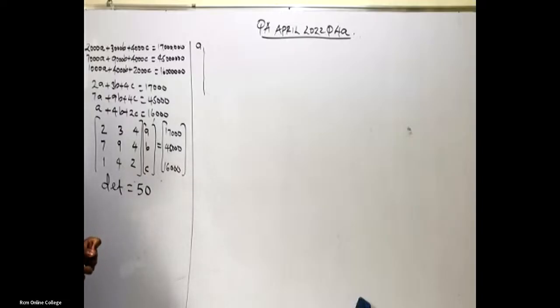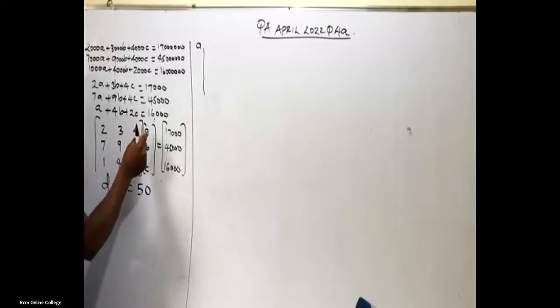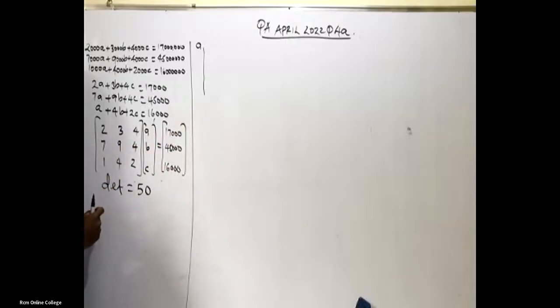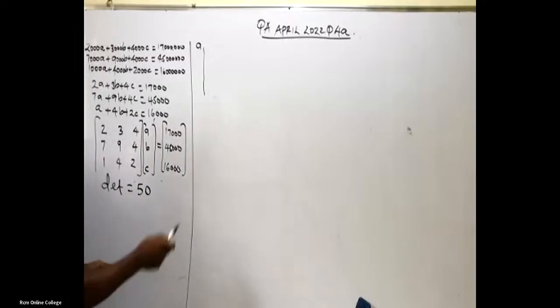What should we have? We said, if I want to get the value of A, this constant will replace the first column, and other columns will remain intact. So what is my first column?